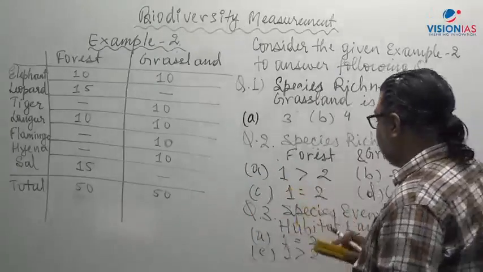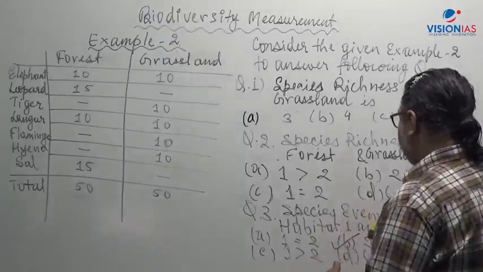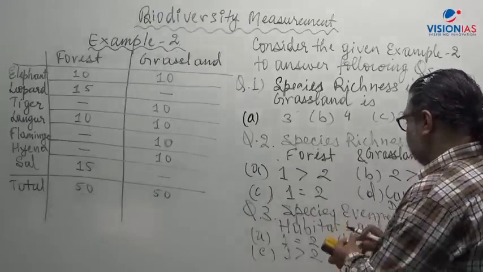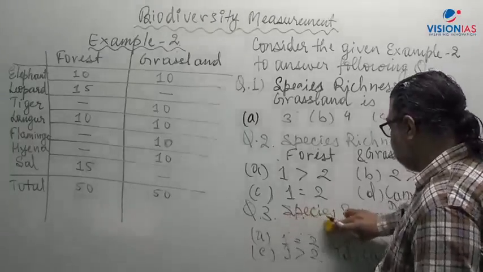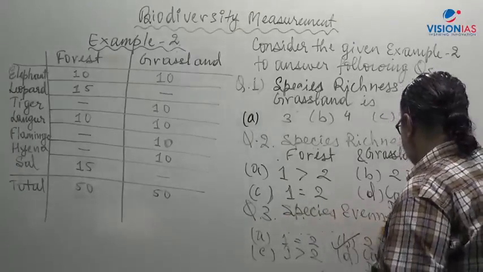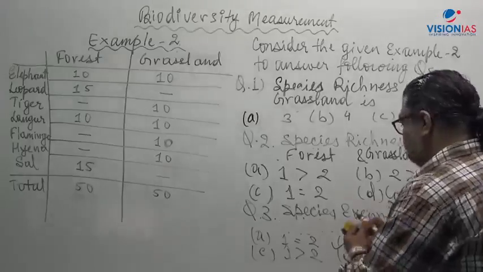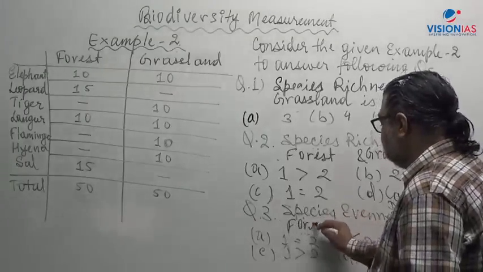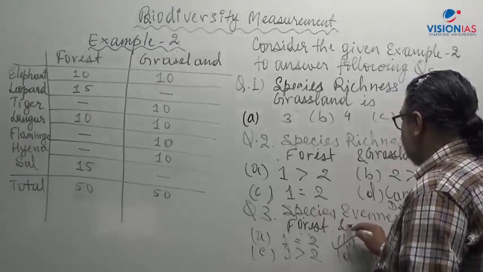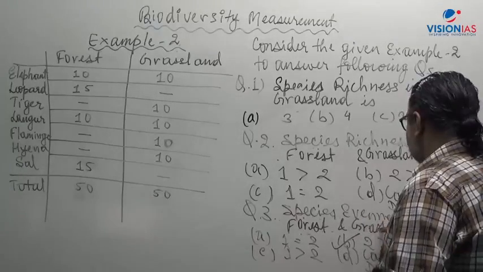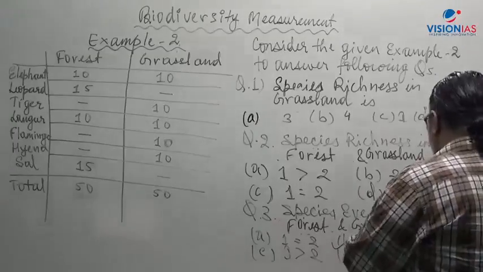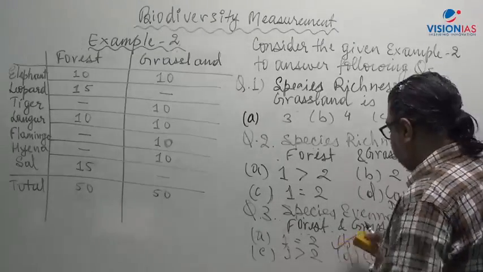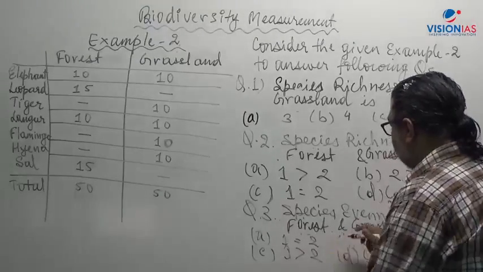And question number 3: species evenness in, let's say, forest and grassland. Now you give me the answer here. Now I want an answer from your side.